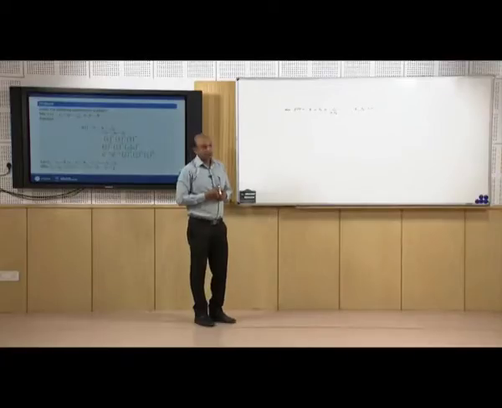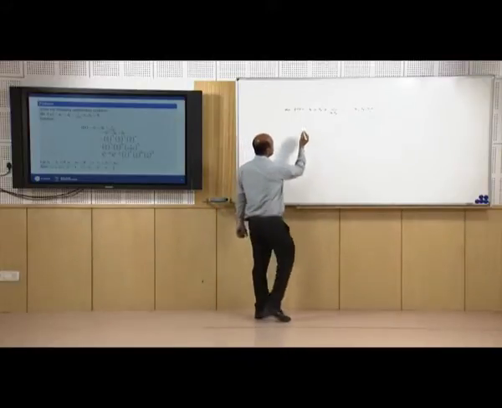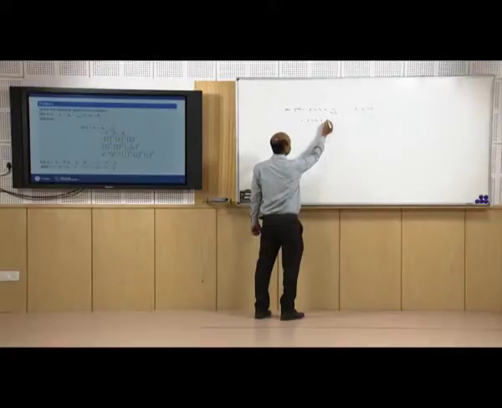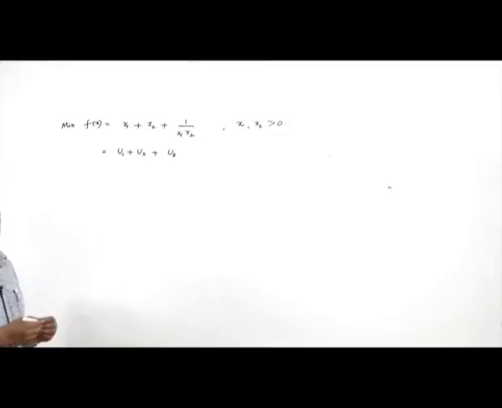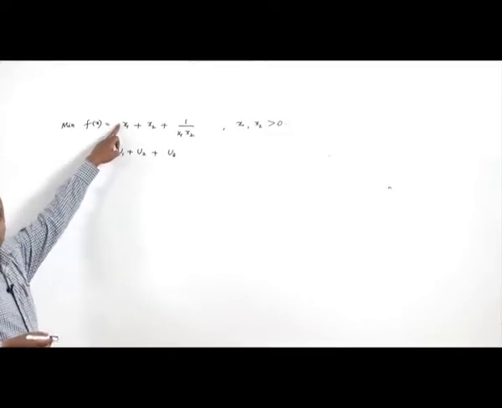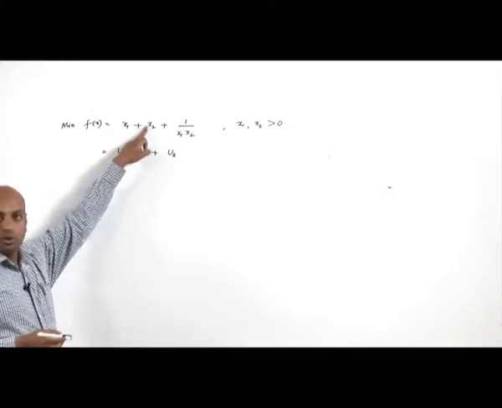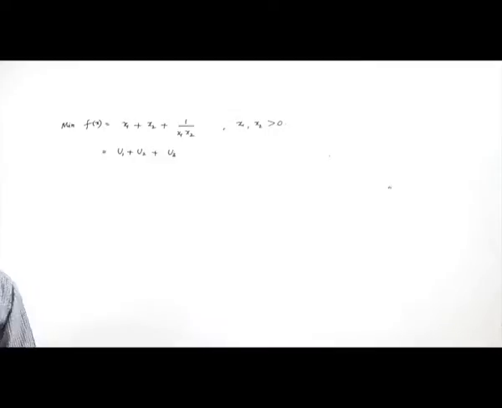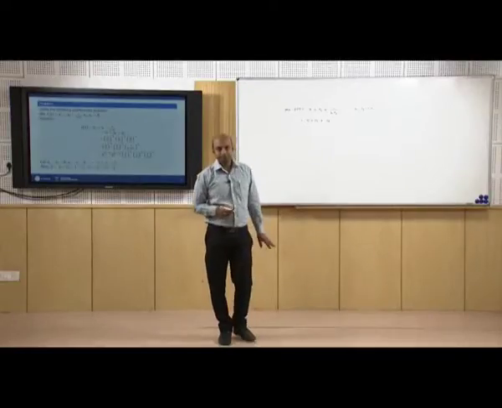Now, how to solve this problem using geometric programming approach? Now, let us call this as u1 plus u2 plus u3, where u1 is the first term x1, u2 is the second term x2, and u3 is the third term which is 1 upon x1 x2. Okay. Our aim is to find out the optimal solution of this problem.